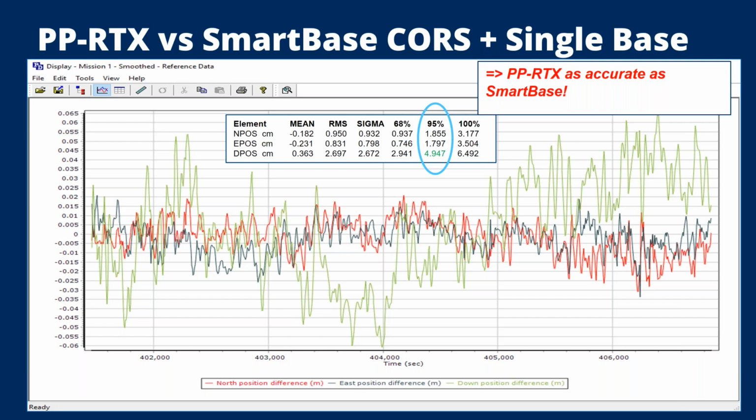PP-RTX is somewhat similar to RTX in that the antenna and the installation must really be accounted for. As I mentioned, the antennas sold by Applanix do support RTX, but we need to ensure that our installation parameters are correct, as well as ensure that we're shielding our antenna from any sources of interference on board or on the ground.